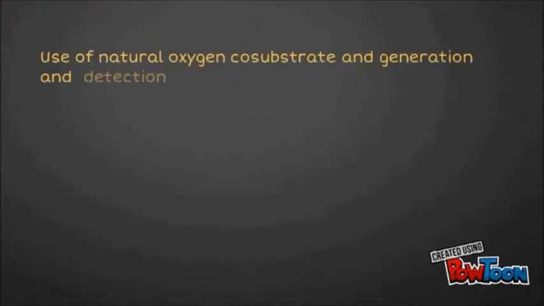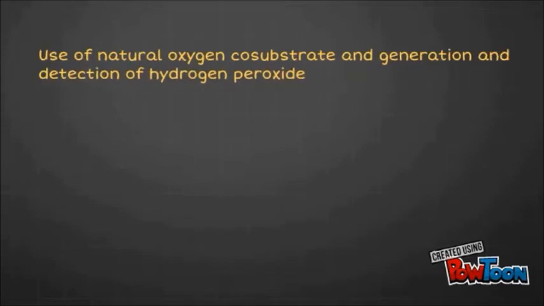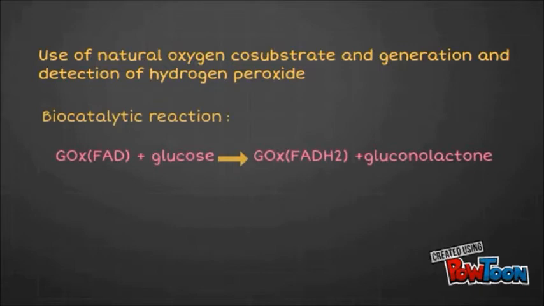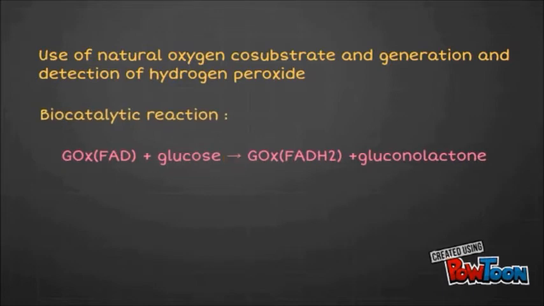First generation glucose biosensors rely on the use of the natural oxygen co-substrate and the generation and detection of hydrogen peroxide. In first generation glucose biosensors, the oxidized form of the flavin group in glucose oxidase is reduced by a reaction with glucose. This gives rise to the formation of the reduced flavin group and gluconolactone.